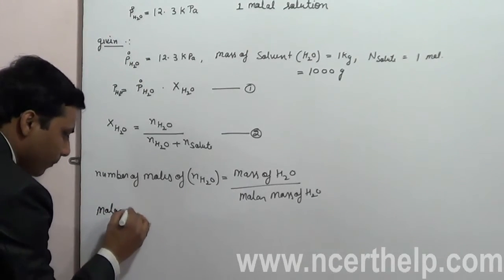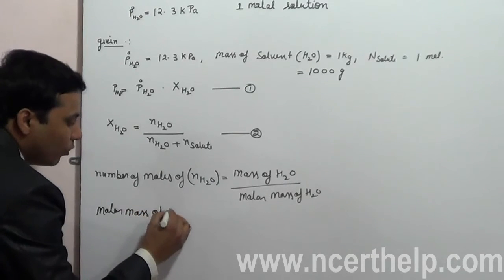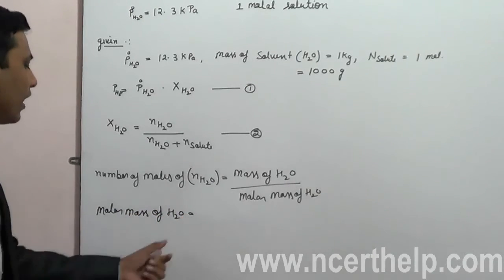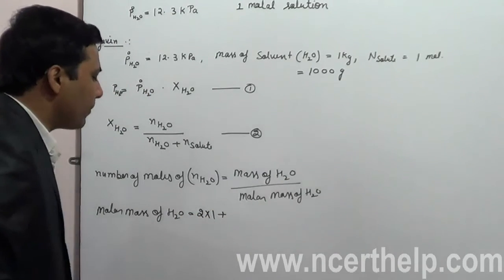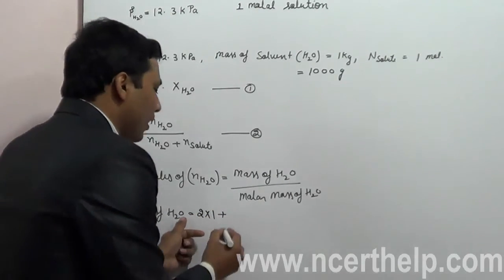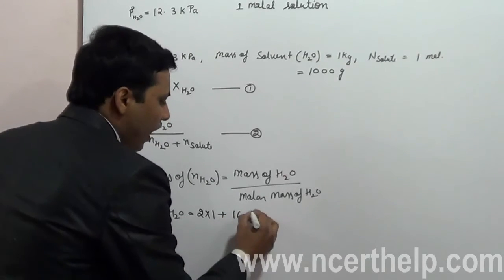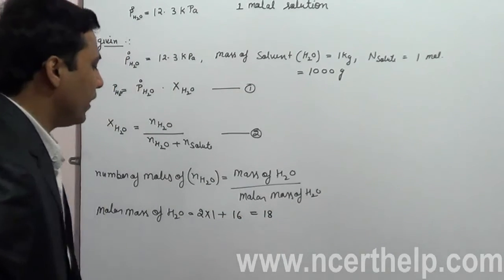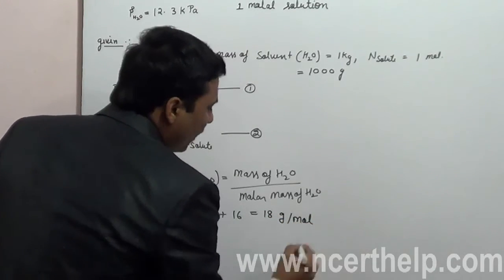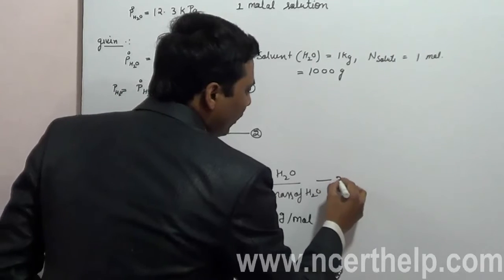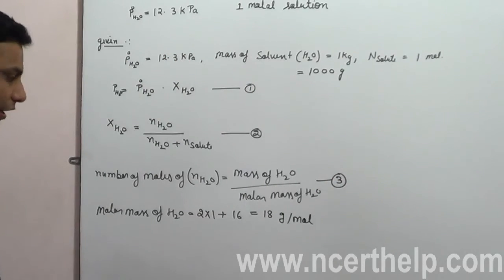Molar mass of H2O. Here you can see there are two hydrogen atoms, so we get 2 into 1. 1 is the atomic mass of hydrogen, and the atomic mass of oxygen is 16. After calculation we get 18 gram per mole. Now we can plug this value into our equation number 3.